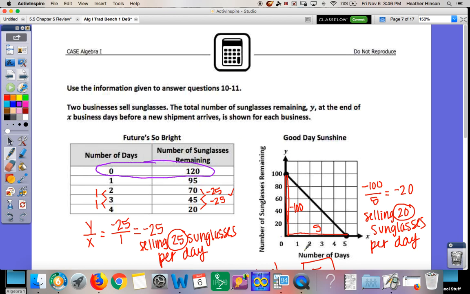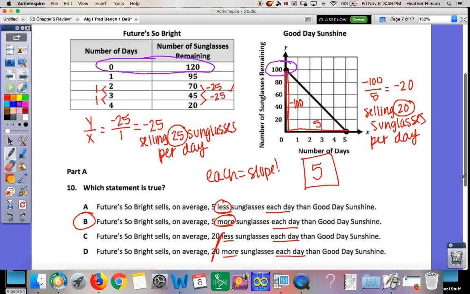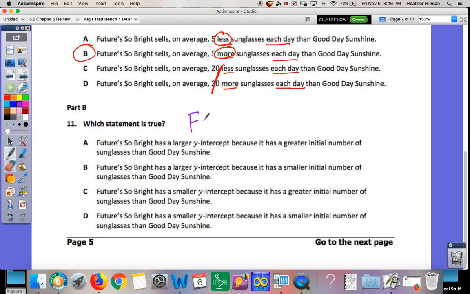Where do you find a y-intercept on a graph? On the y-axis. So theirs is 100. So Future So Bright is 120. Good Day is 100.